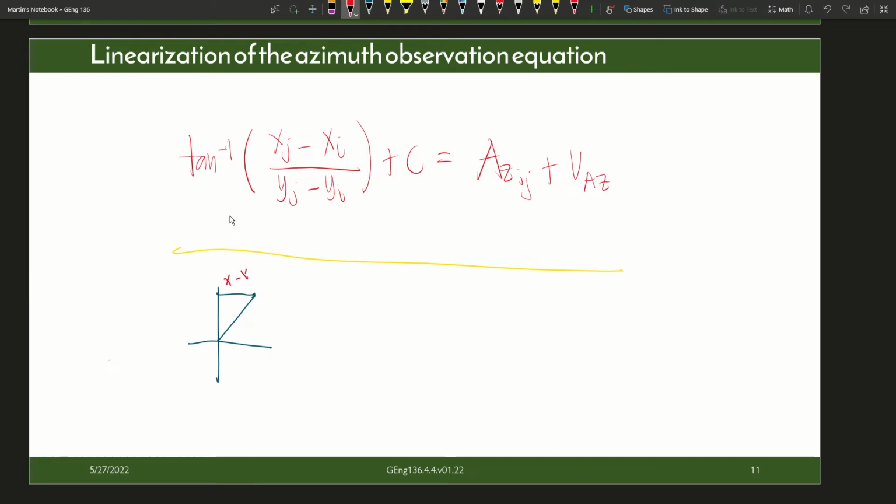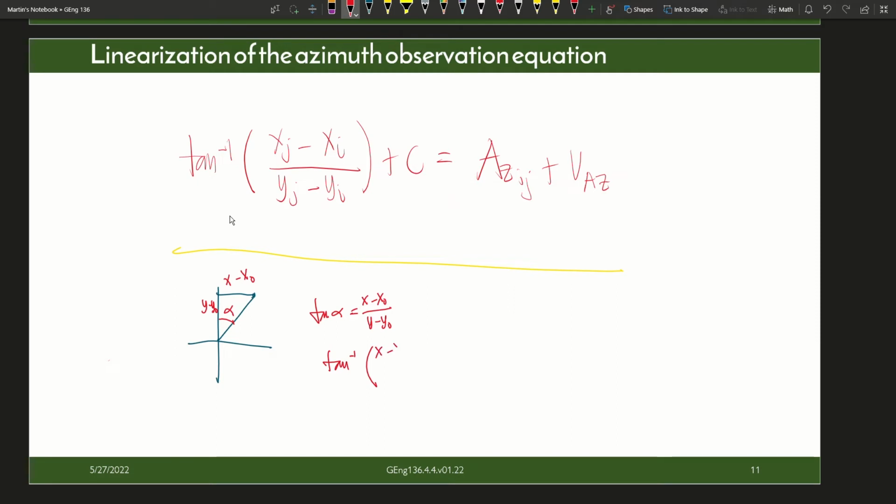To solve for your azimuth, it is equal to tangent of x minus x sub o over y minus y sub o. So azimuth now is equal to arctangent of x. Okay, so which results in this one?